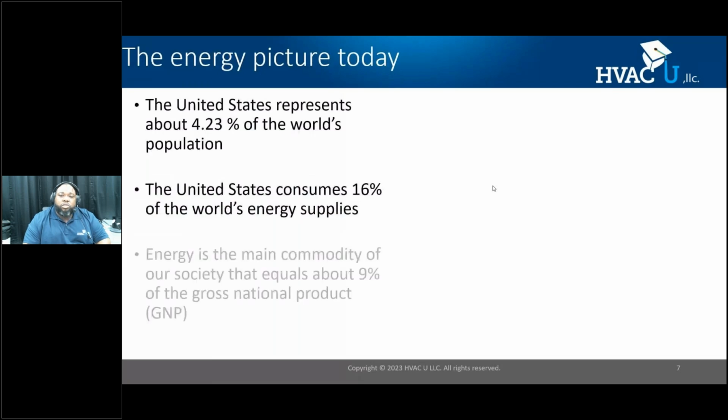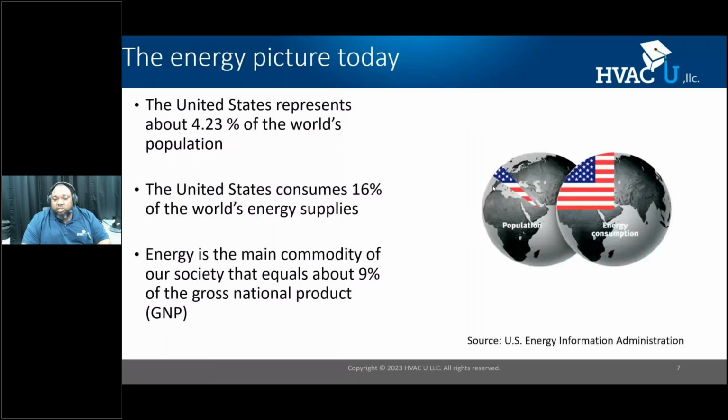All right, so if we remember from our first session, we have a kind of a unique problem here in the United States. We are about 16% of the world's population, but yet we consume about almost 5%, between 4 and 5% of the world's energy, which, let me restate that. We're about 4% of the world's population. We consume about 16% of the world's energy.